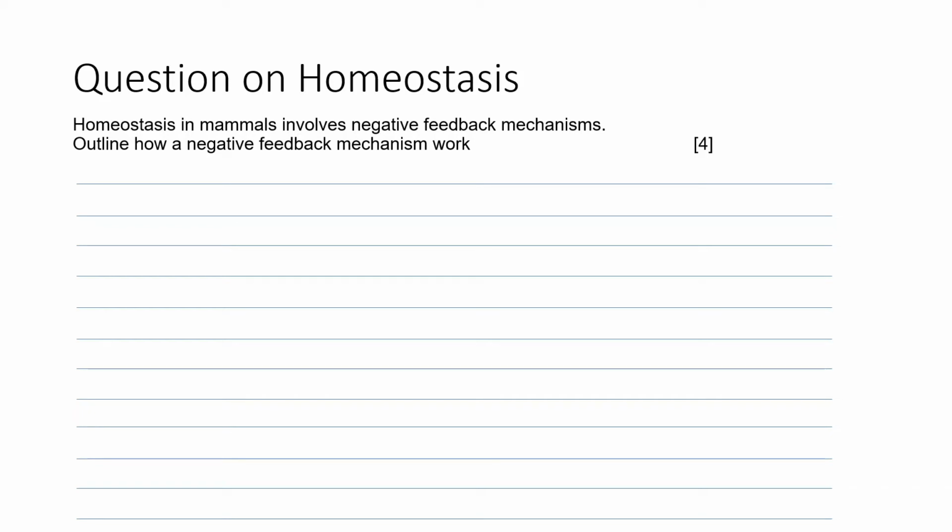Now, an example of negative feedback mechanism is when your body's temperature is too high and the negative feedback mechanism will act to bring it back to normal. For example, if the temperature outside is about 40 degrees and your body's temperature is 37, it will increase to 40. So the brain will detect this particular change and it will bring it back to normal, that is to 37 degrees.